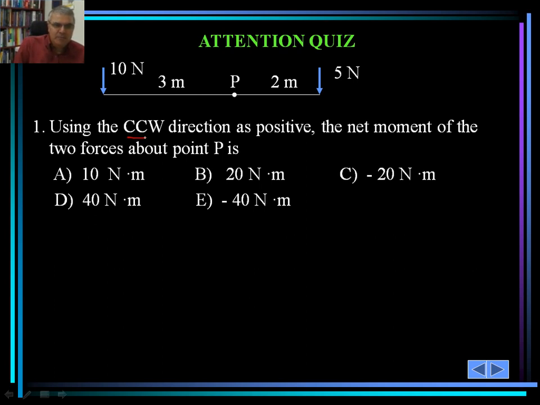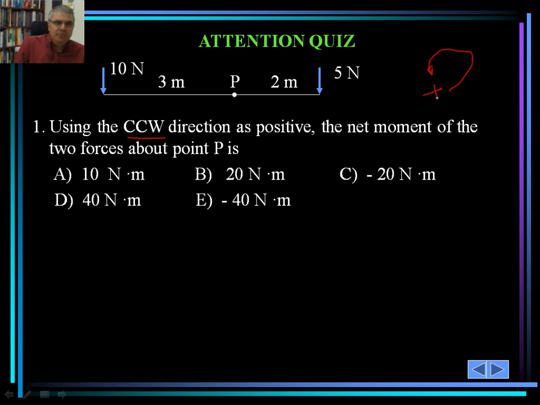So this is the positive direction, right? This is a plus, okay? Counterclockwise. Find the net moment of the two forces about point P.